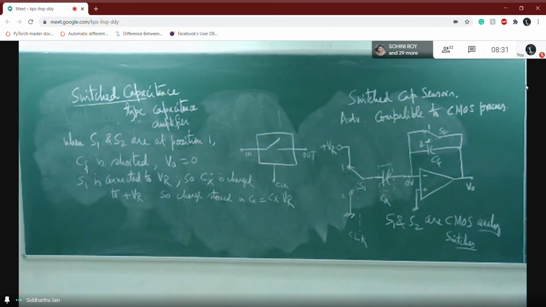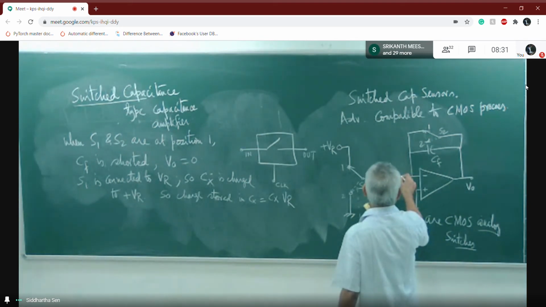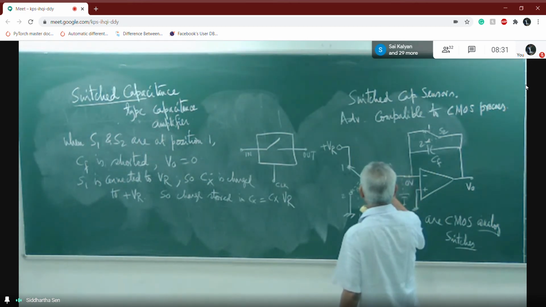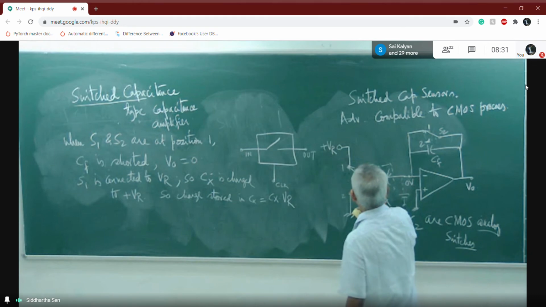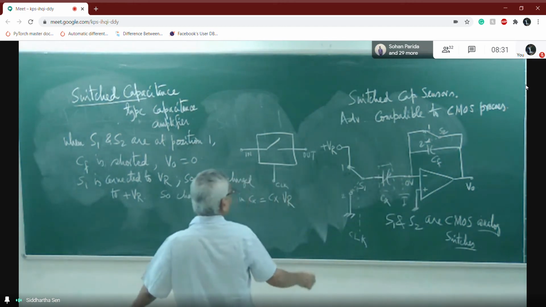Is it okay? And if there is any residual capacitance there, it doesn't have much effect because this is at 0 volt and this is connected to the voltage VR here. Okay.